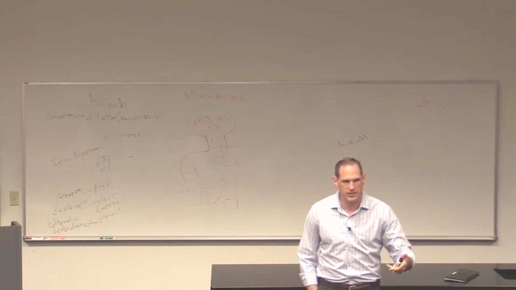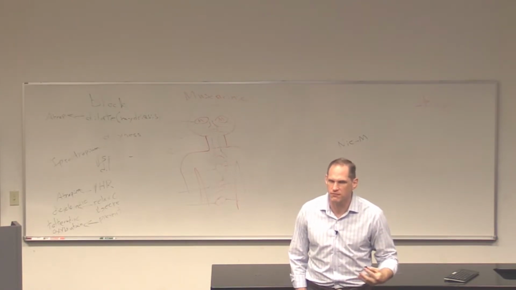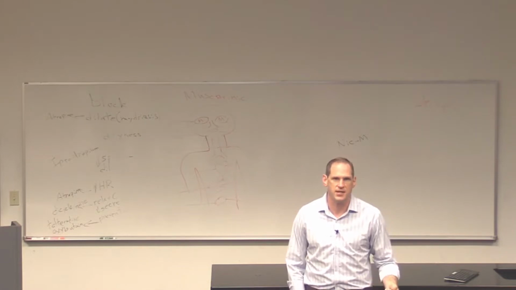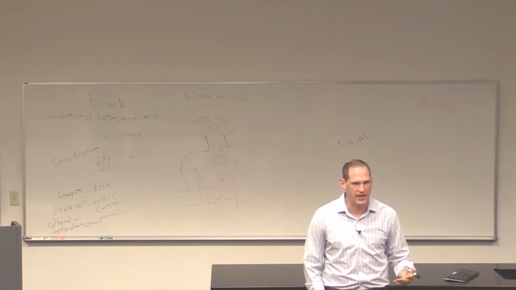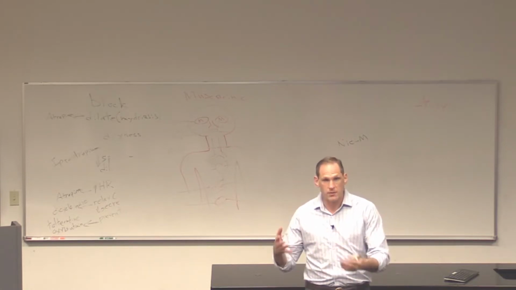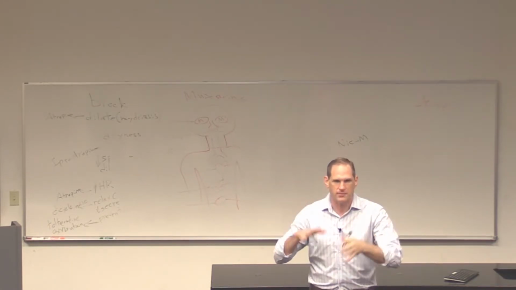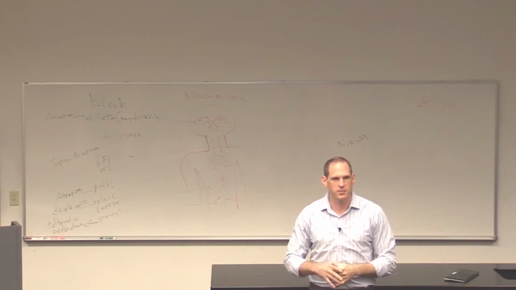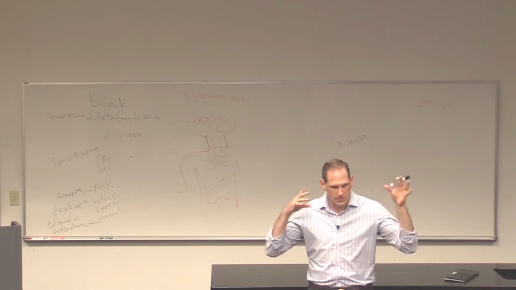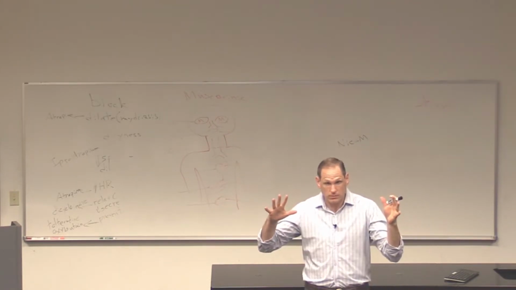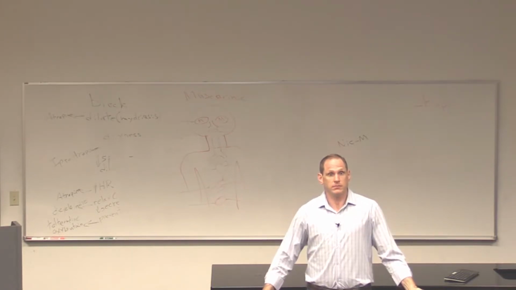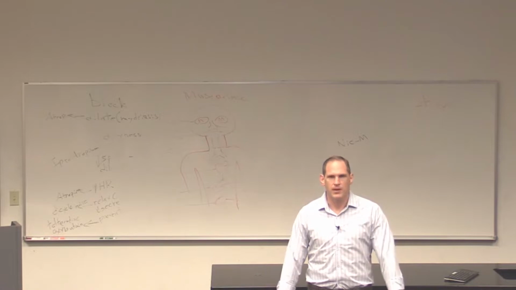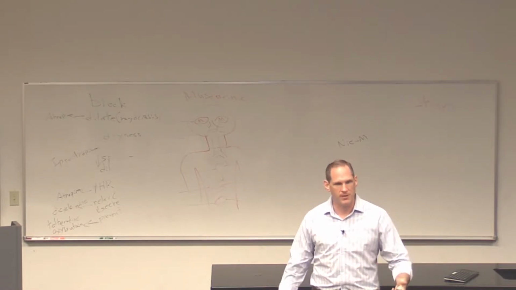Another use of paralytics is for what's called electroconvulsive therapy, or ECT. So sometimes when a patient has a depression or another psychiatric illness, one of the possible treatments is to shock their brain. Now, if you just shock a person's brain and you cause electrical impulses all over the brain, what do you think happens to the person's body? Muscle spasms everywhere. And patients would have incredible muscle spasms.